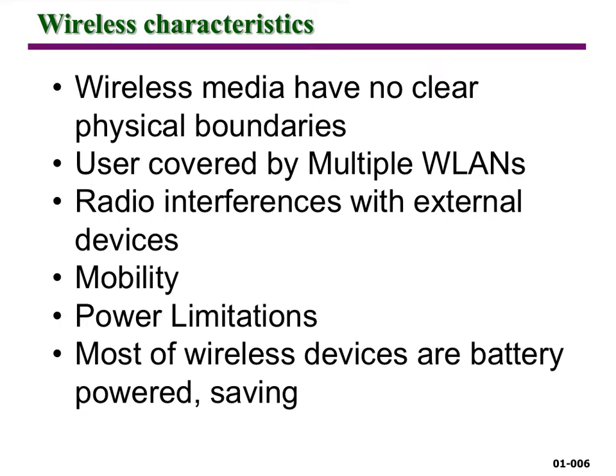So power limitation as well, because we're talking about mobile phones or mobile wireless nodes. This dictates the fact that most of these wireless nodes are battery operated. So the fact that they are battery operated makes any type of computation or communication that you do very critical, because if you don't do that efficiently, then you drain the battery very fast, which means that after some time, you don't have any power or energy to sustain the communication, and you have service disruption, and so on and so forth.